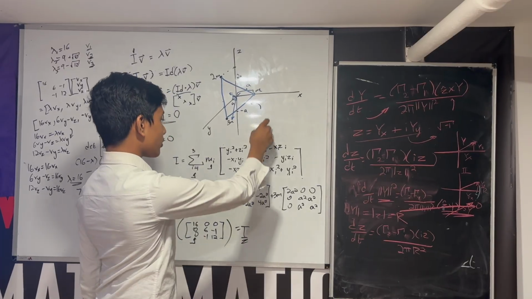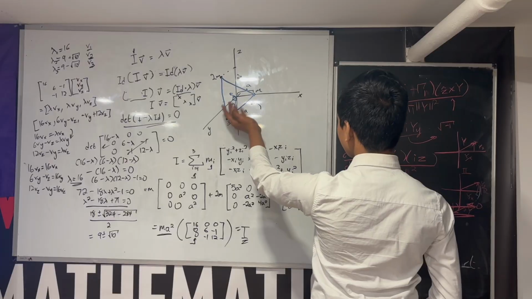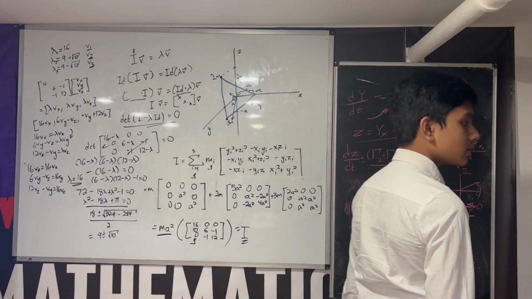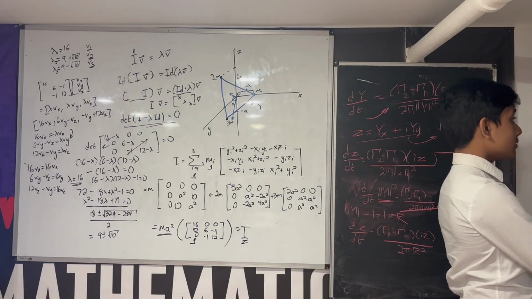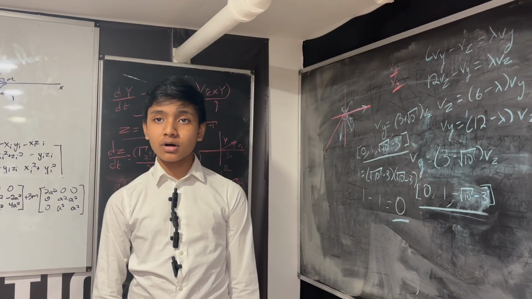So essentially, we're finding a tensor that will allow us to find the stable points of a configuration of masses. So we have three orthogonal principal axes. That's it. Thank you everybody for watching, and we'll see you in the next one.